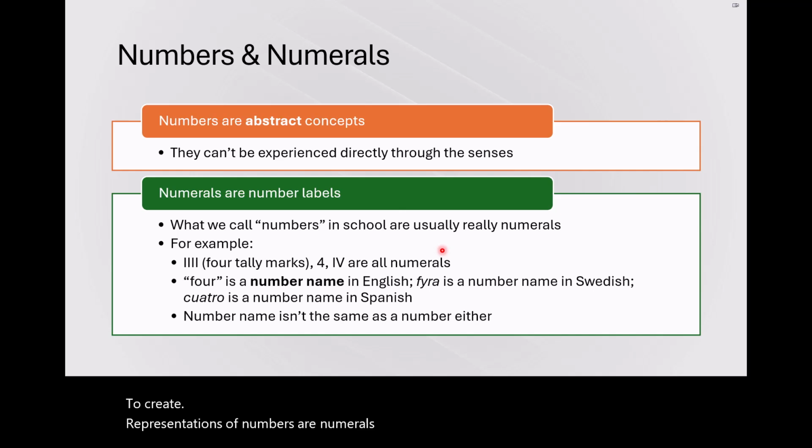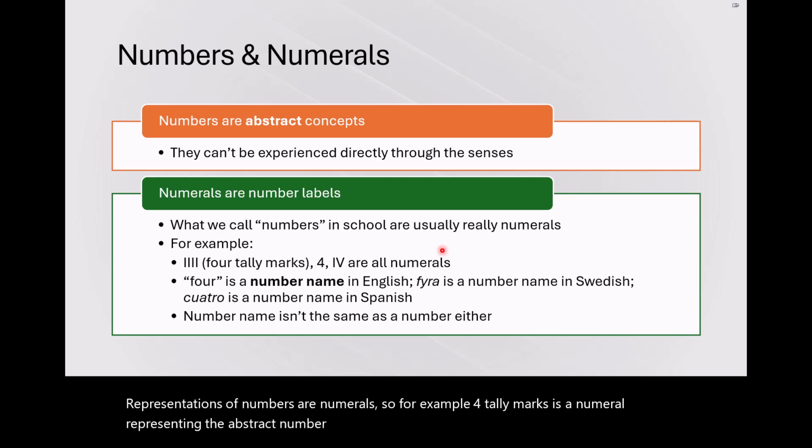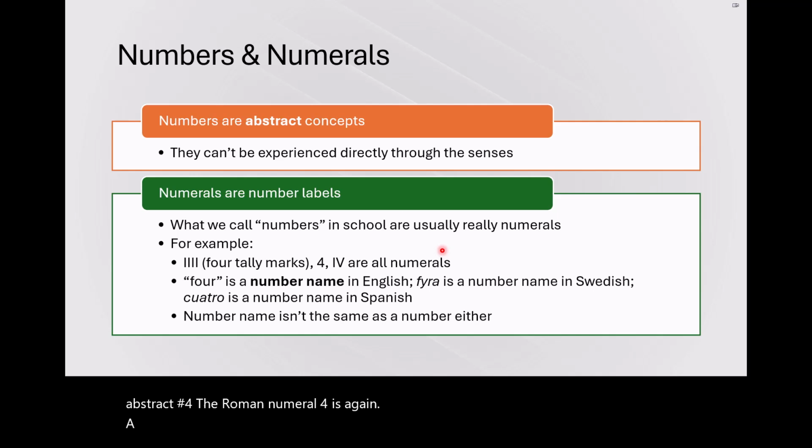So for example, 4 tally marks is a numeral representing the abstract number 4. The Hindu Arabic digit or symbol 4 is a numeral representing the abstract number 4. The Roman numeral IV is again a numeral. It is a label. It is a group of letters that represents the number 4.